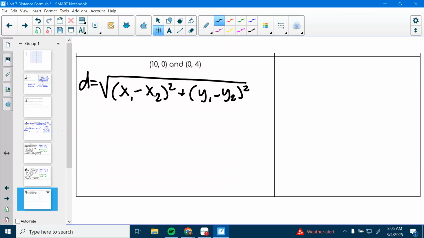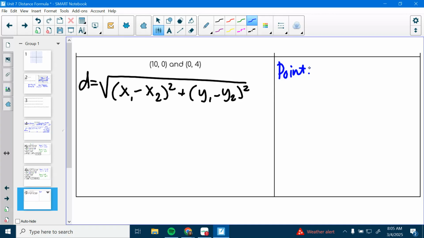And because my x's are together and my y's are together, this will still work. So I want you to pause the video, solve this one out, and then come back, and you can check your work.